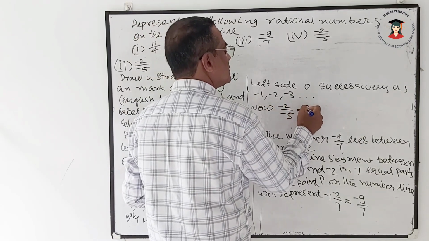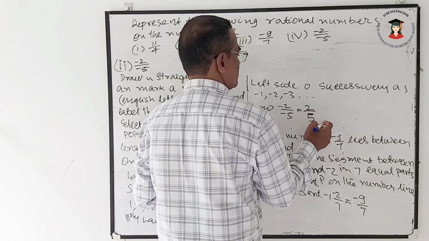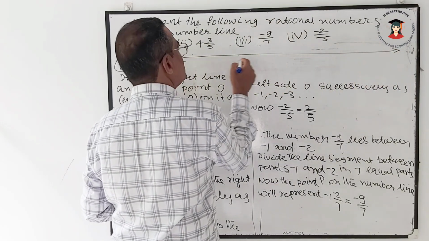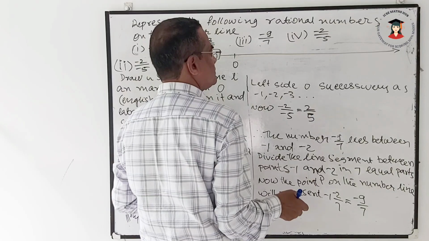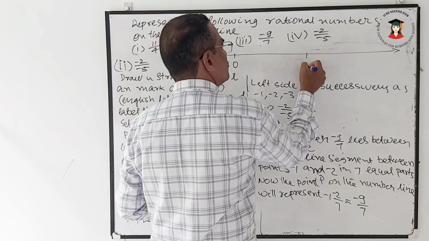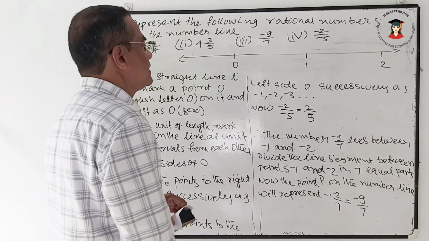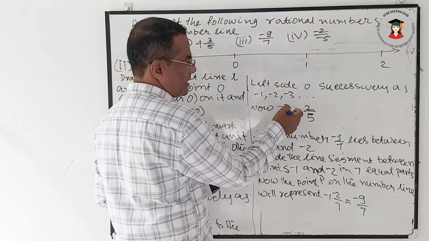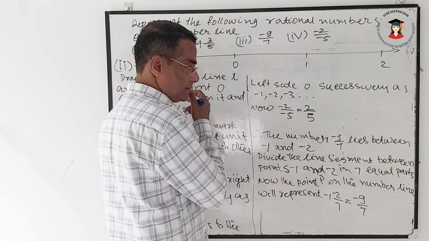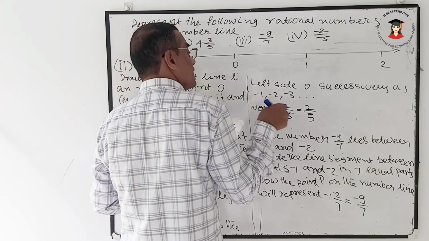This is the same as saying 2 by 5. So our number line: 0, 1, 2, etc. See, here we do not have an integer. 2 by 5 means it is less than 1.